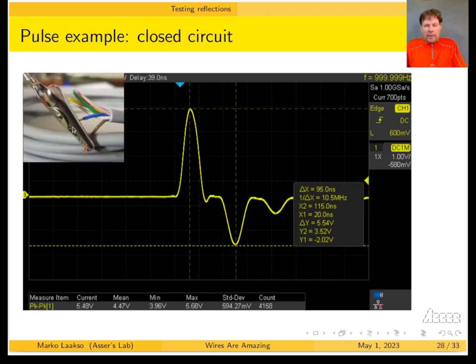Then I've connected or shorted these wires by adding this alligator clip between them, and now you can see that there's the reverse reflection. The time delay is of course the same because the length of the cable is identical.